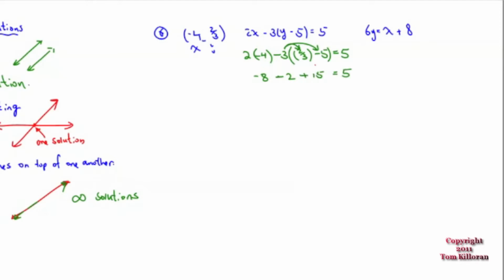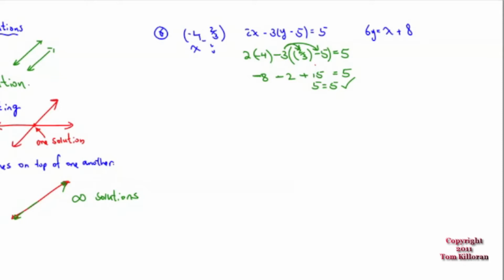All right, -8 minus 2 is -10. -10 plus 15 is 5. So we get 5 equals 5, and that's a true statement. Now, if we got to something like 2 equals 5, then we could just stop right there and say this is not a point on both lines, it's not a solution.